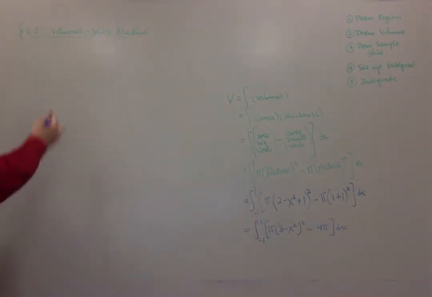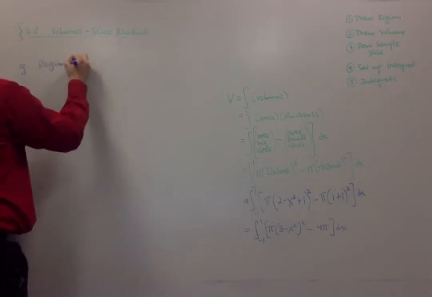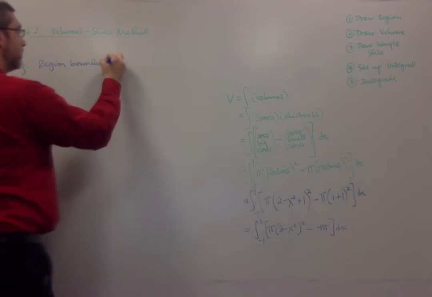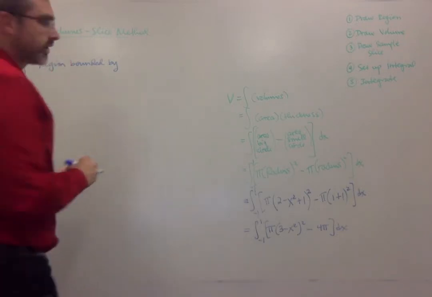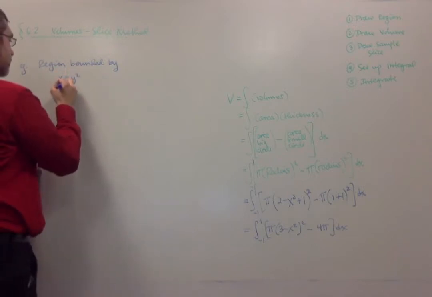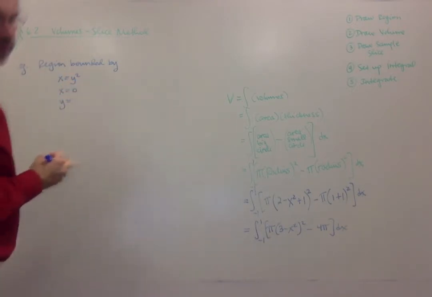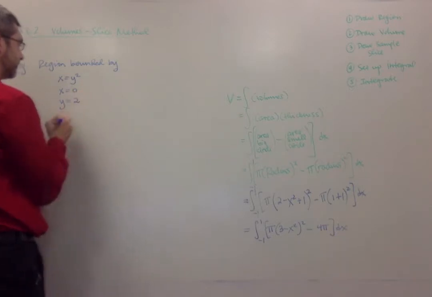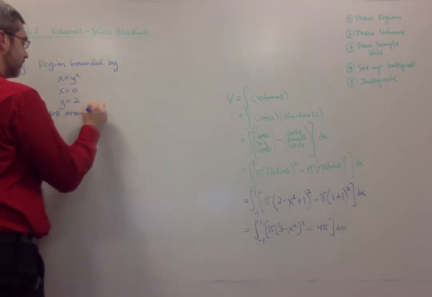Okay, so let's take a look. Let's have the region bounded by x equals y squared, x equals 0, y equals 2, and then let's rotate that around the y-axis.